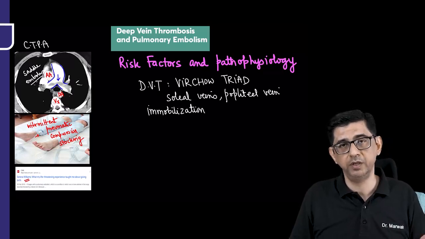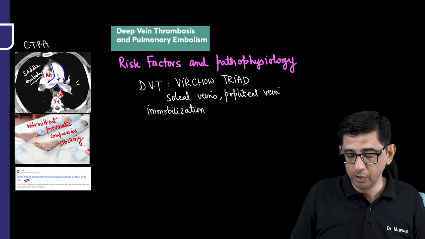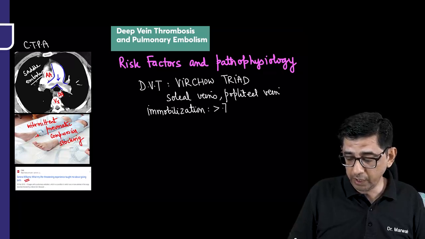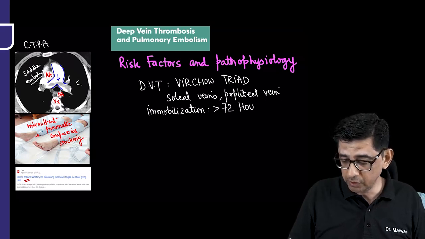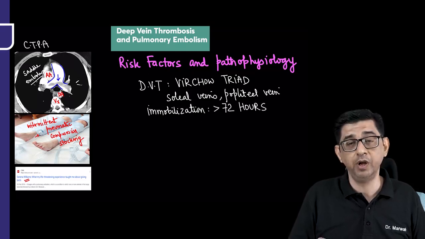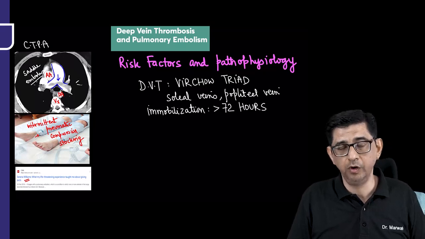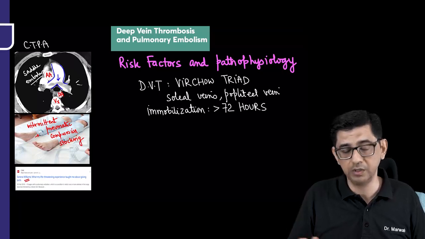A person with a fracture, maybe of the tibia, cannot be expected to do weight bearing. So this guy is lying down, and I want to tell you that immobilization for as little as 72 hours, I'm not talking about weeks altogether, increases the risk of development of deep vein thrombosis, and the clots can spread retrogradely towards the heart.